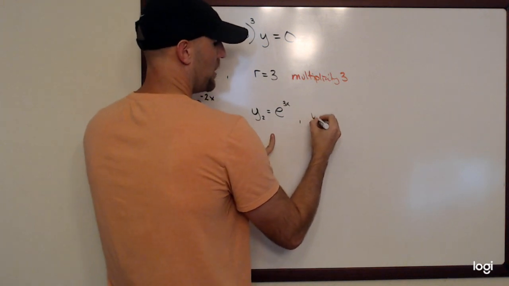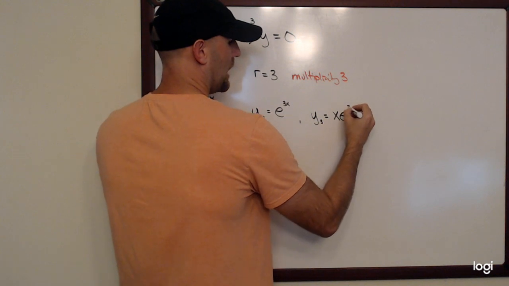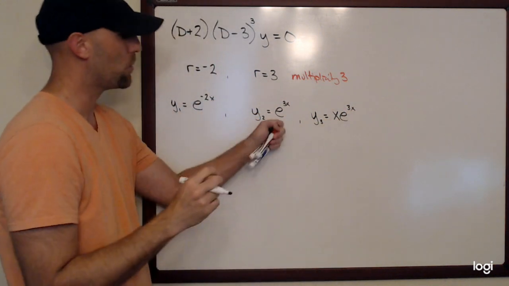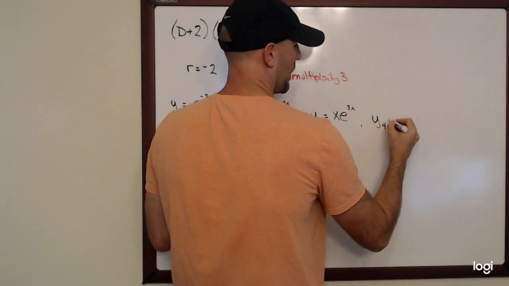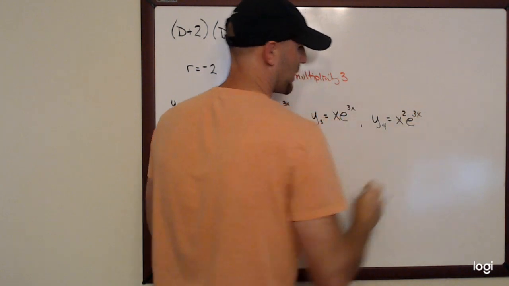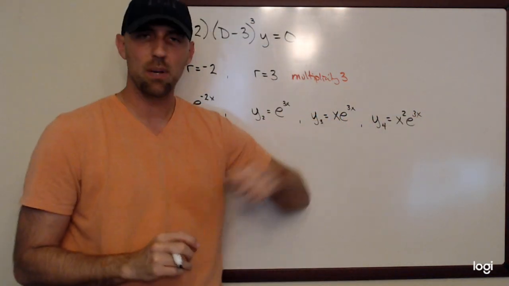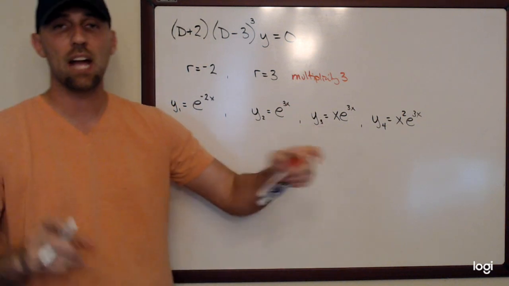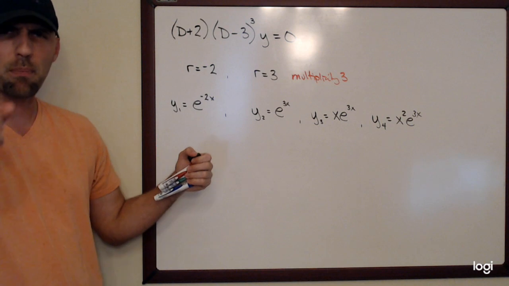My next one, I'll make x e to the 3x. That's 1, 2. I need one more. The next one I will make x squared e to the 3x. Yes? So again, multiplicity 3, 1, 2, 3 solutions here. They all involve e to the 3x, but they are linearly independent. You can check that, and probably should.